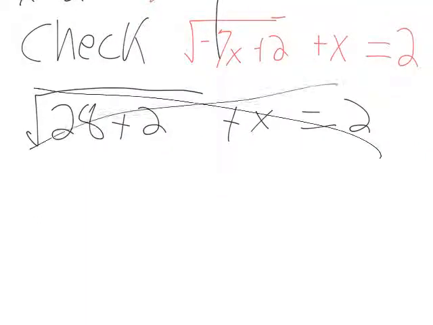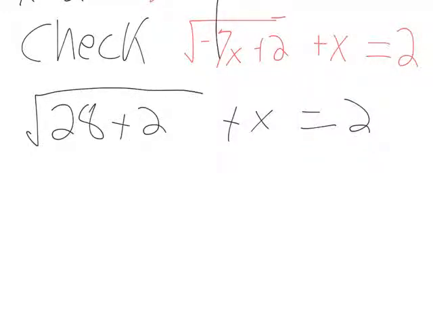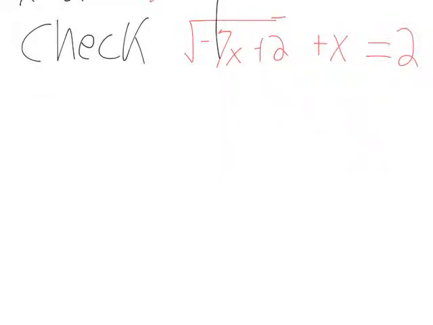So if I check -2, I might be able to just... Yeah, there we go. Okay, delete them instead of marking through them. Looks a little bit nicer. So what I'm plugging in now is -2.